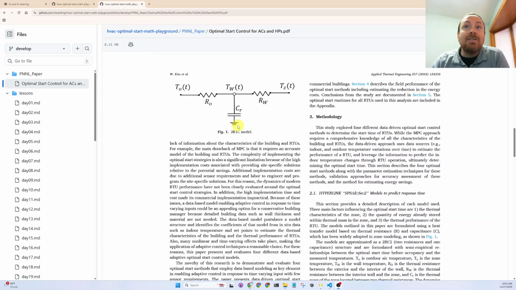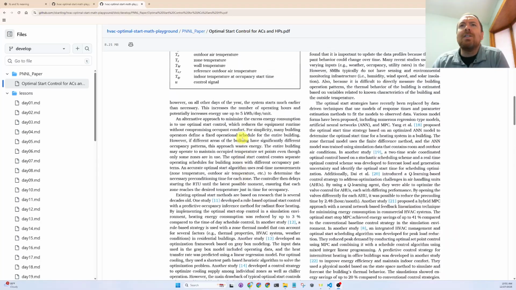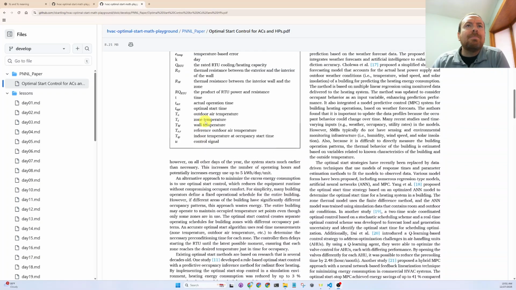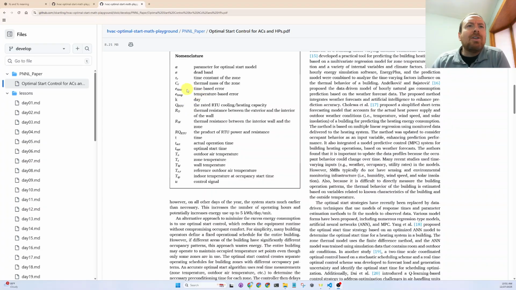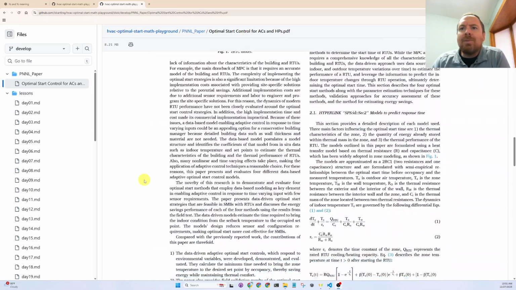Resistance capacitance model, kind of like upper graduate mechanical engineering theory, which I do not have, but learning a ton here with our AI generated coursework. So we have all these variables that are in the paper that we're trying to replicate in Python.